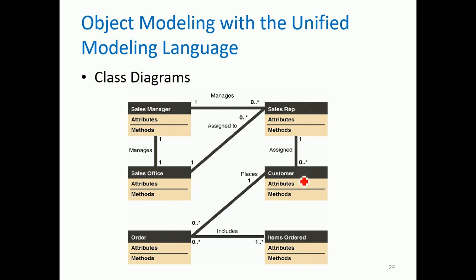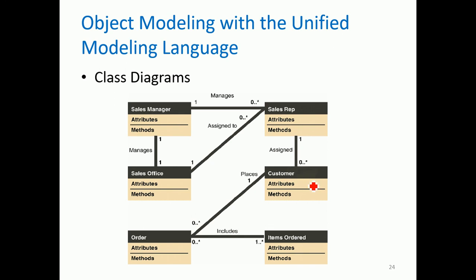And zero or more customers are assigned to only one sales rep, meaning that a customer can only be assigned to one sales rep only. They cannot be assigned to two or more sales reps because, of course, in a real world situation, if a customer has two sales reps, there is a possibility that these two sales reps will get into a fight or quarrel because of the customer.